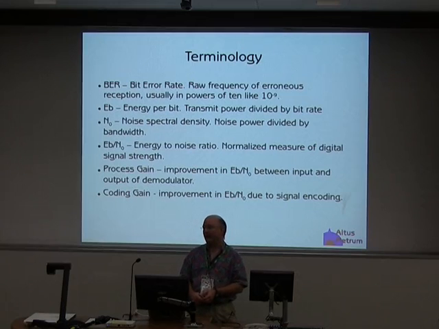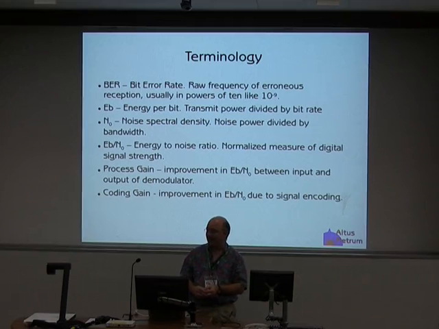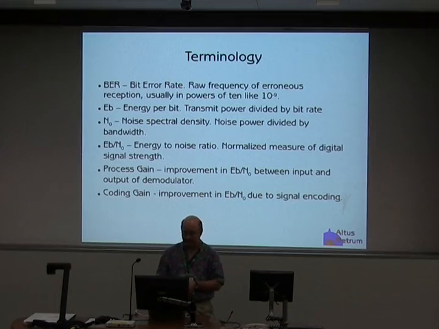So if you're talking about how good is my turbo code, it's going to be in terms of what's my Eb/N0 number to get a particular BER, right? So if I have to have 10 dB of Eb/N0 to get a BER of 10 to the minus 5th, that's not as good a coding scheme as something which only requires 5 dB of Eb/N0 to get the same error rate.